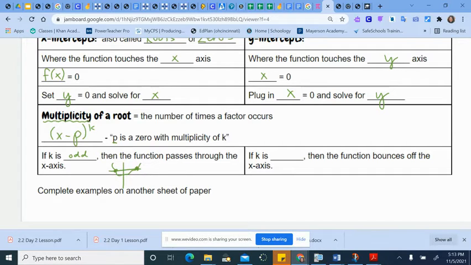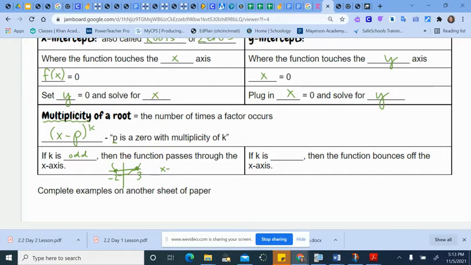That tells you whatever that root is. Let's say this is at 3 and this is at -2. Because it actually passes through the x-axis, it doesn't just touch it and bounce off, that tells you it has an odd exponent.